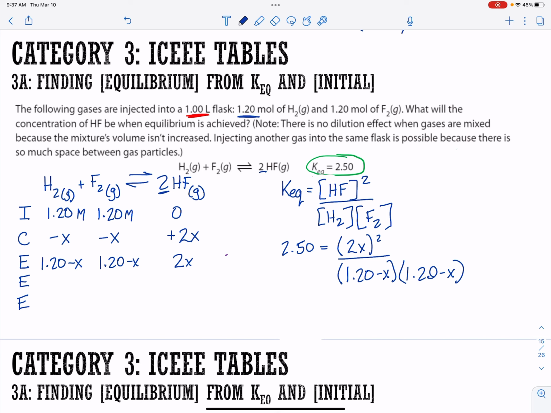Now you'll notice that I have something multiplied by the same thing, so I'm going to rewrite this so that it's just squared. So I've got 2x, everything squared on the top, over 1.20 minus x squared on the bottom. You'll notice I've got a squared on the top, squared on the bottom. The way to get rid of that squared is to square root everything. So I'm going to square root both sides.